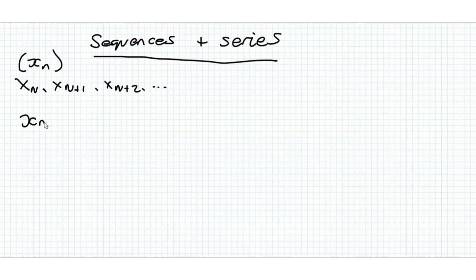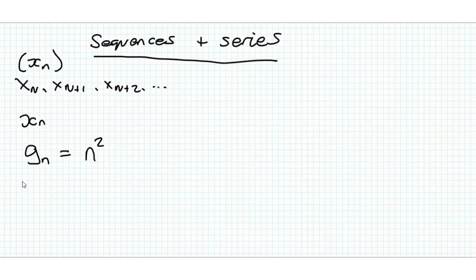Okay, so let's have a look at an example of a sequence. Say we are going to define for our sequence g of n, so our sequence g, a term in g of n is n squared. Okay, so that's fine.